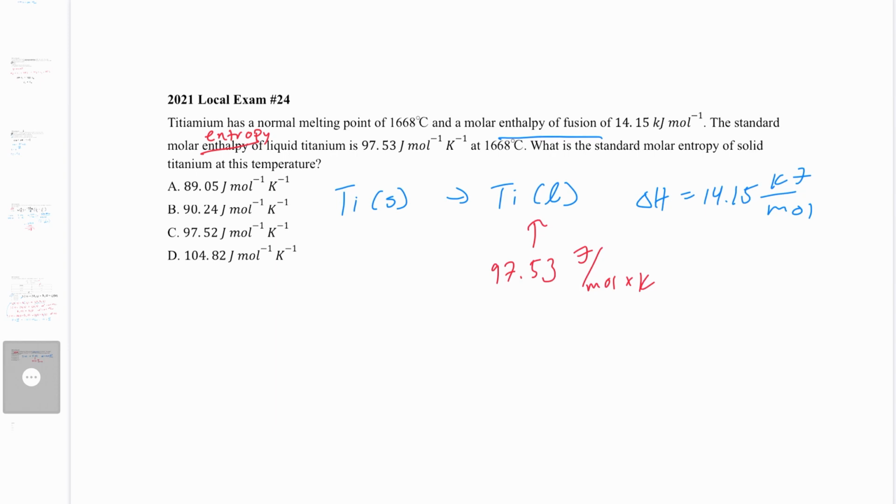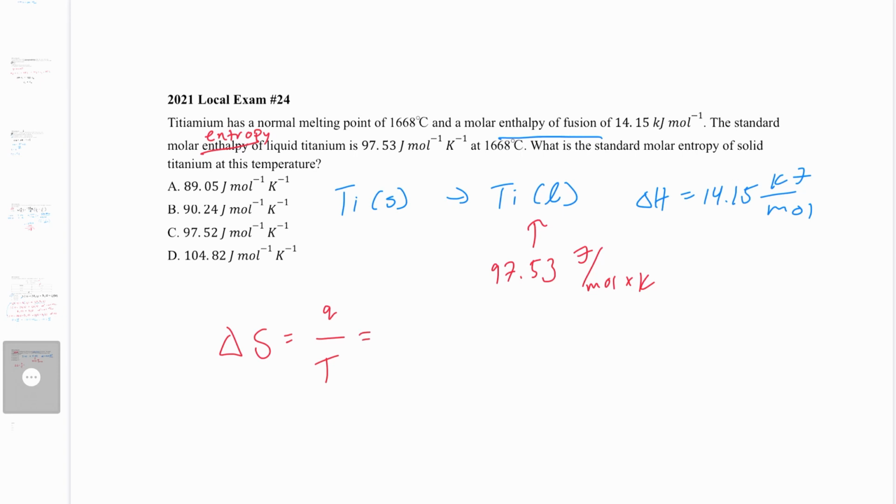What we need to know now is the fact that this is a reversible reaction. Titanium goes from a solid to a liquid, and if you lower the temperature, the liquid will turn right back into a solid. Since this is a reversible reaction, our change in entropy is going to be equal to our heat over the temperature. What is our heat? What is our temperature?